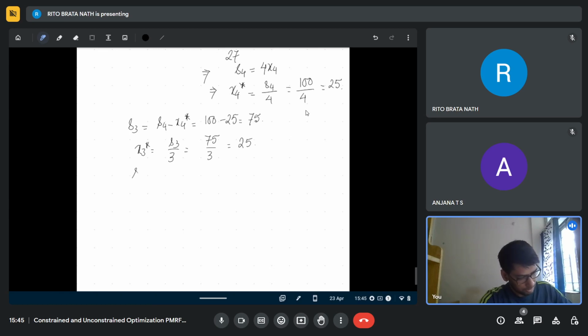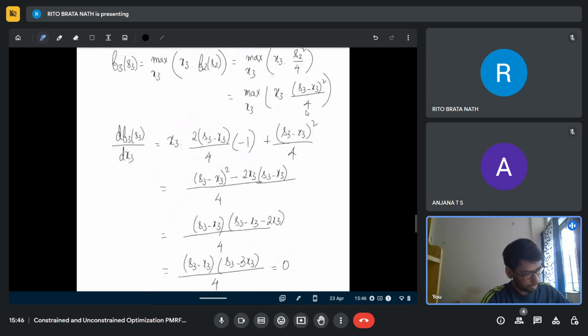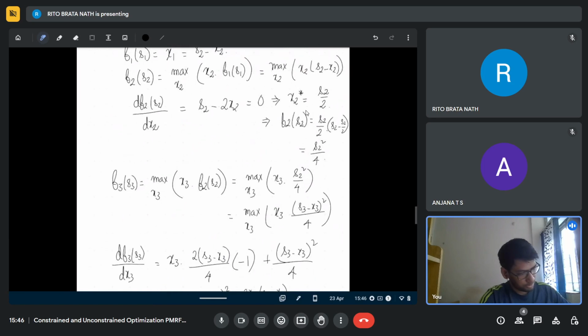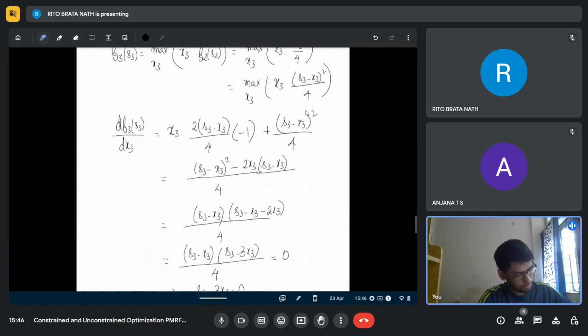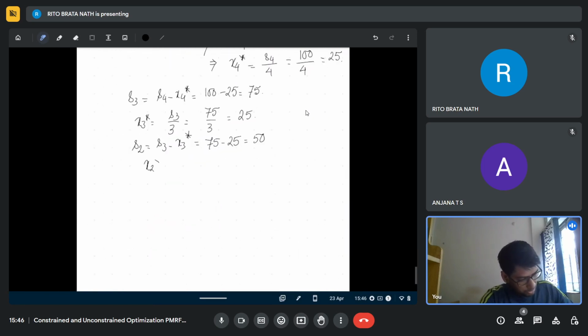So once you know this, you also know s2, which is s3 minus x3 star. So that's 75 minus 25, which is 50. Once you know s2, you can know x2 star, which is s2 by 2, which is 50 by 2, and that's 25.